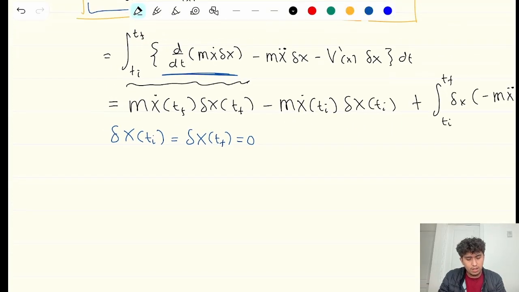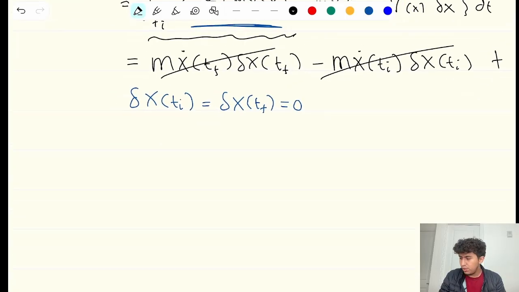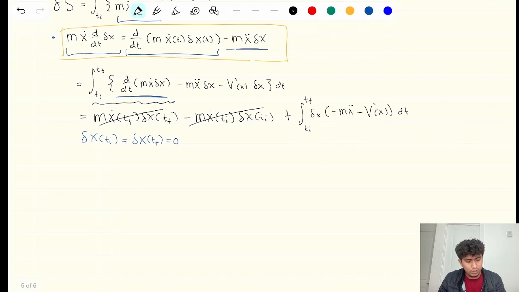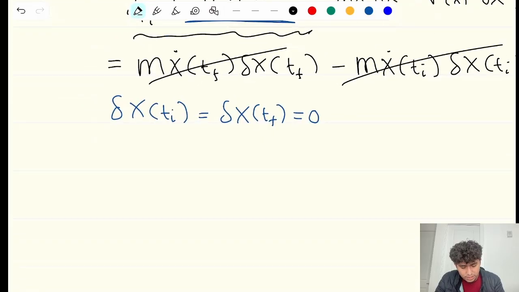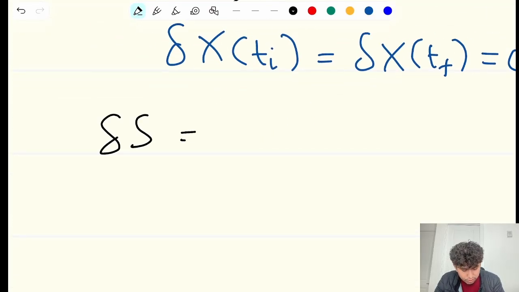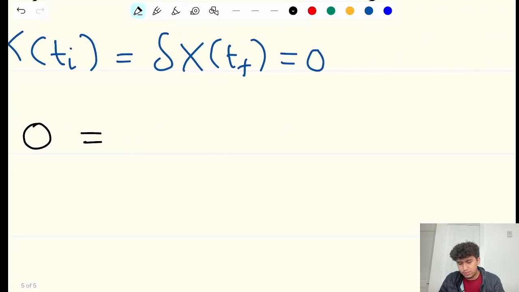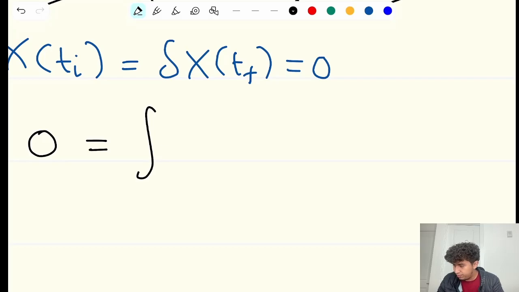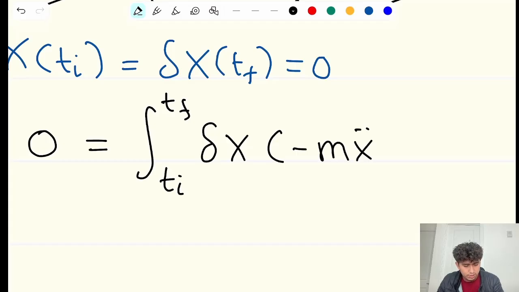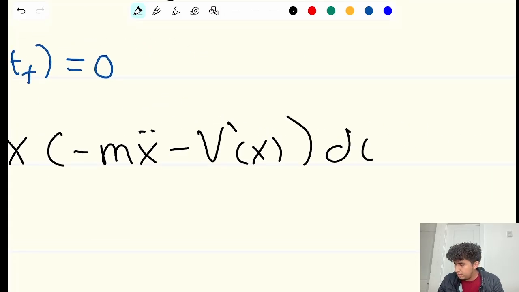Cool. So bam, bam, these two go away, and then we're left with only this part. So we can make delta S equal to 0, and that's going to be equal to this integral, from t_i to t_f, of delta x times minus m x double dot minus b prime, dt.